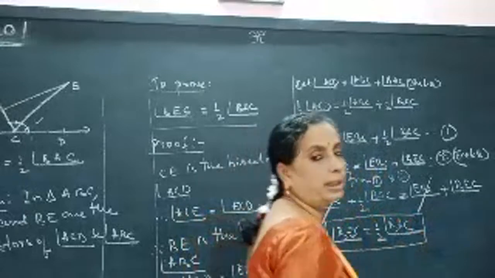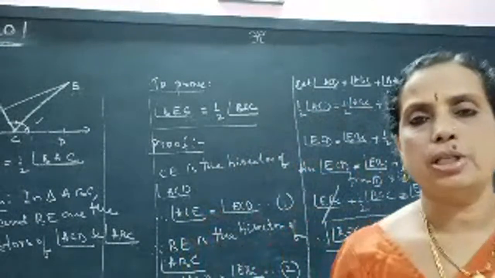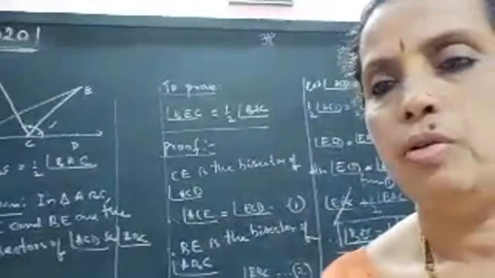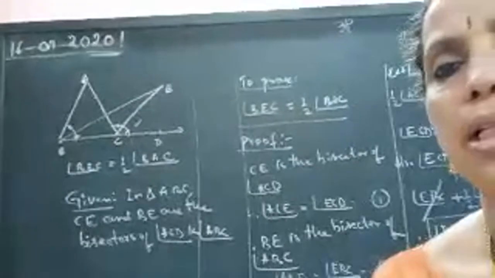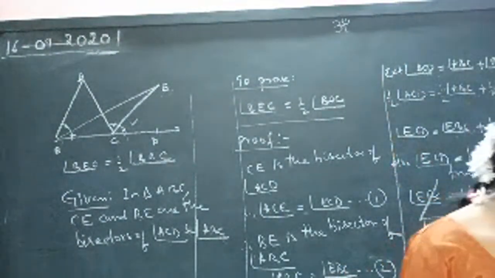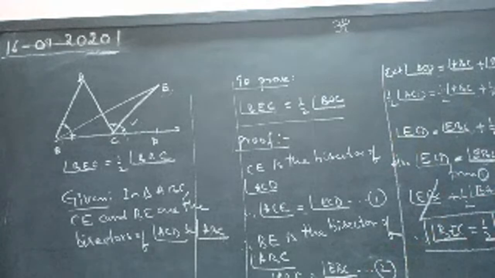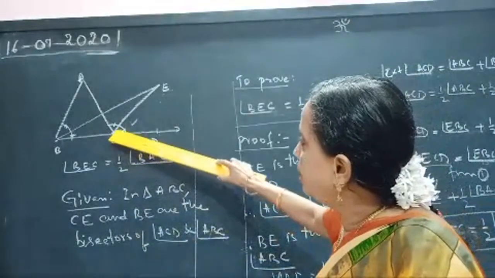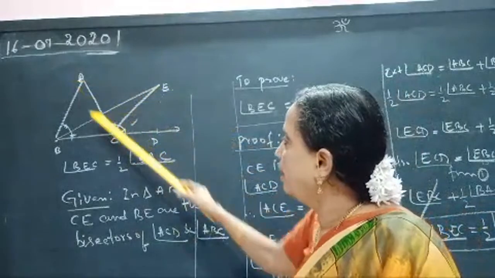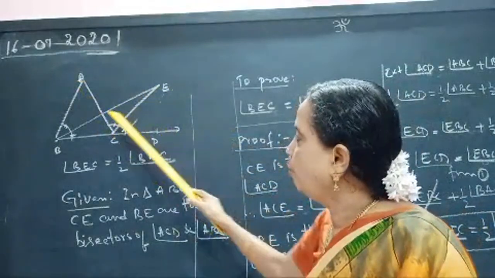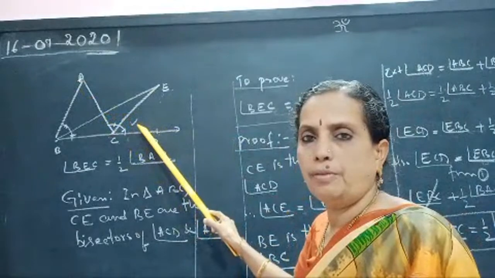We got the result. I will explain it once again. First, you have to consider, since they are the bisectors. Which are the bisectors here? CE is the bisector of angle ACD. Therefore, these two angles are equal. Which are those angles?